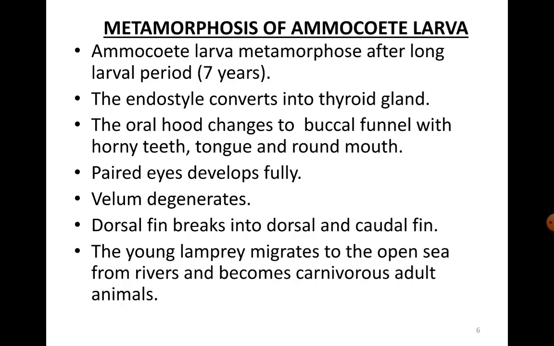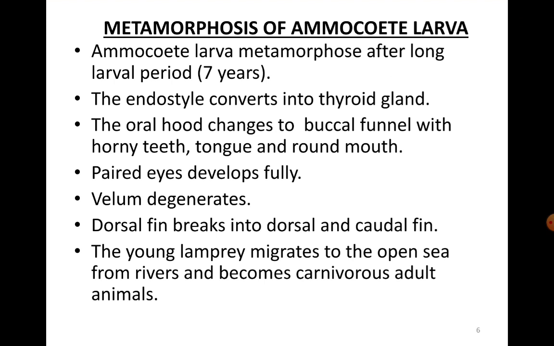The first is that the oral hood gets replaced by a suctorial buccal funnel with strong and sharp teeth, tongue and rounded mouth and complex musculature, and all these structures help them to lead a parasitic life.